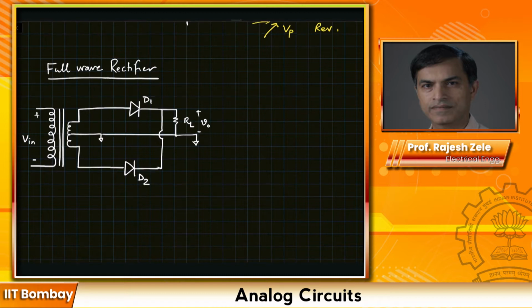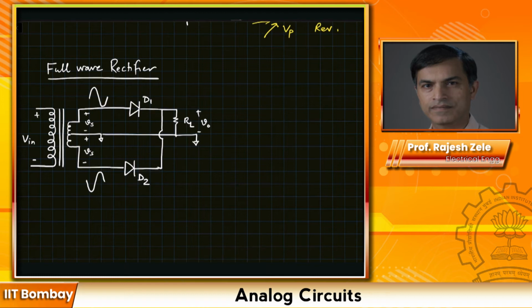What the center tap does is you will get a waveform that looks like this, Vs, let's say, in the secondary, and you will have another Vs like this in the secondary. When the waveform at the top terminal of the secondary goes like this, at the same time the waveform on the other side will look like this.